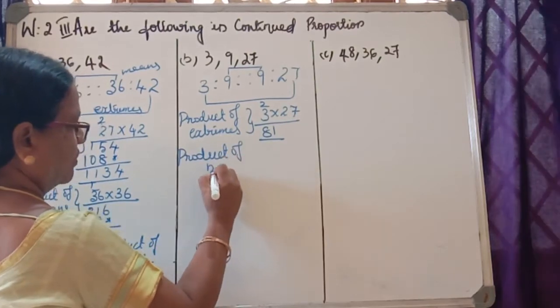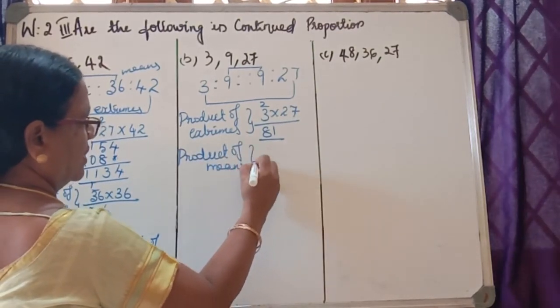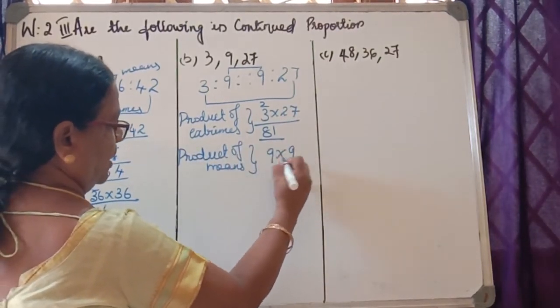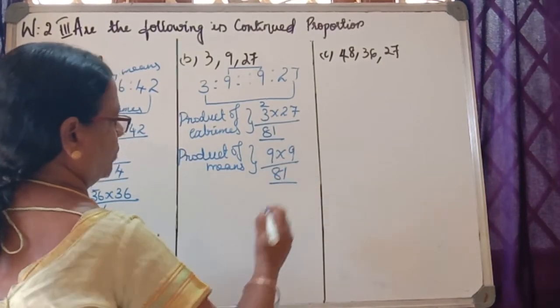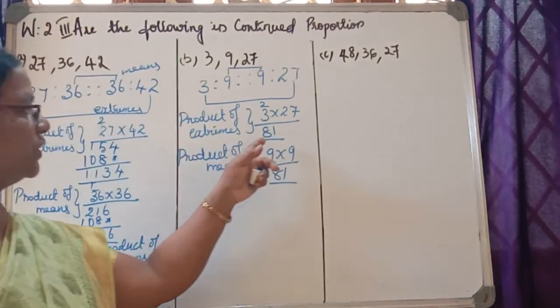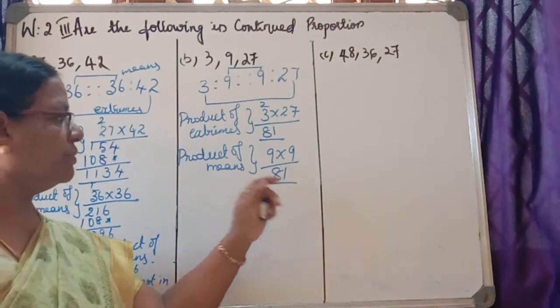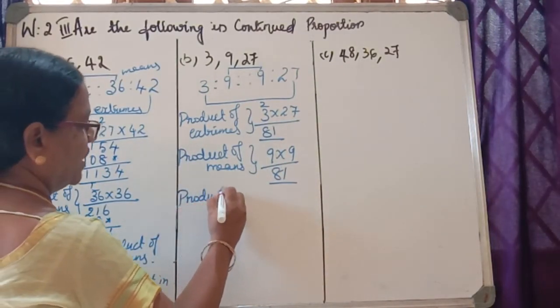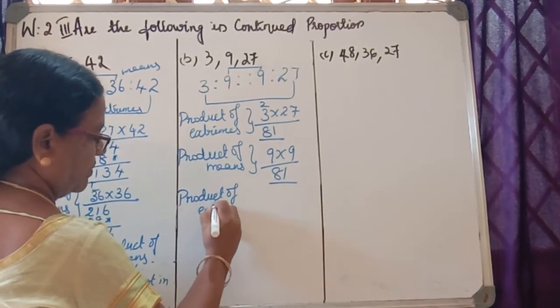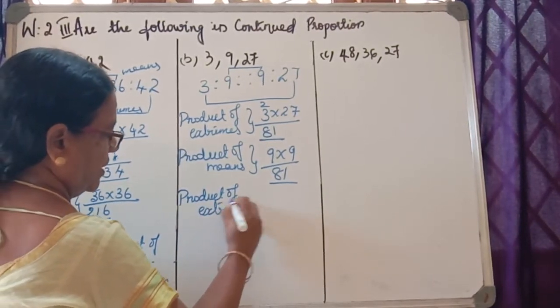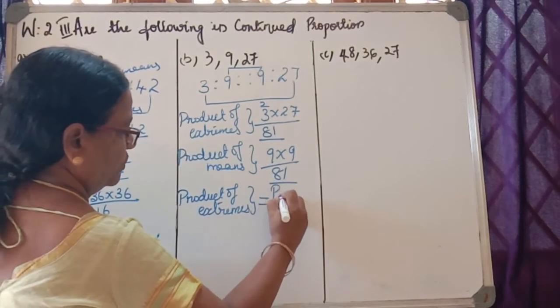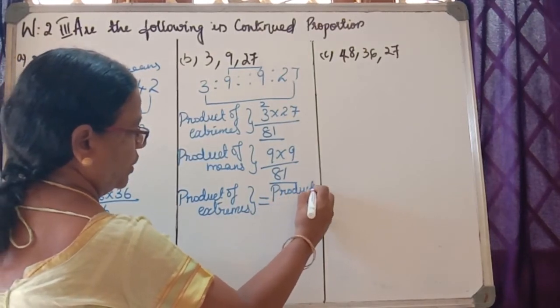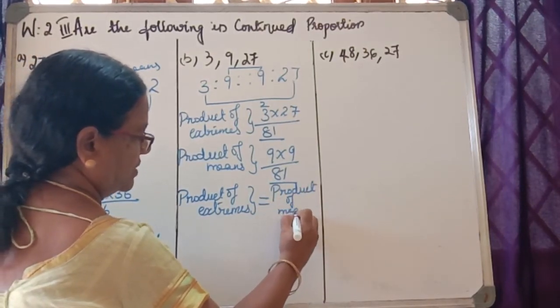Product of means. That is 9 into 9. 9 9s are 81. Here the product of extremes is 81 and the product of means is also 81. So the product of extremes is equal to the product of means.